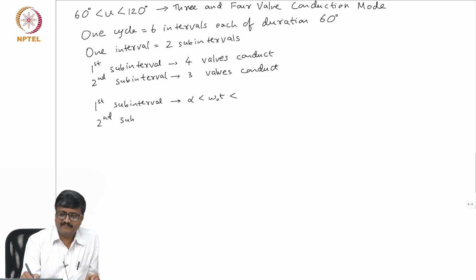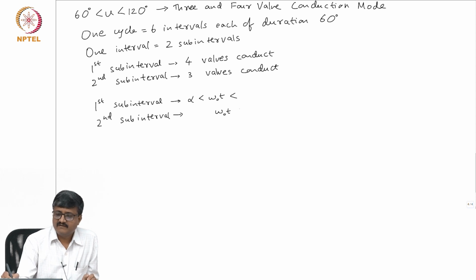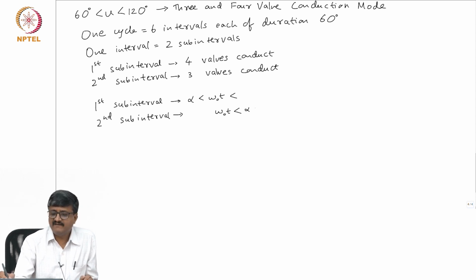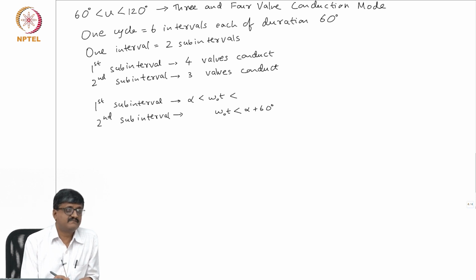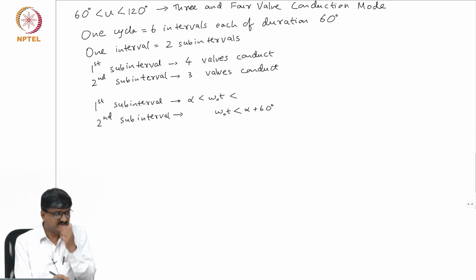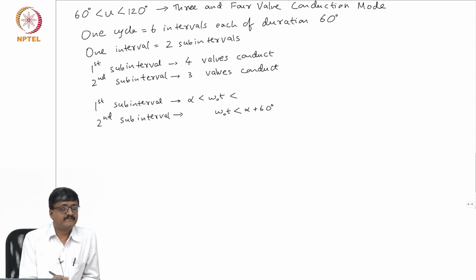So, if I take the second subinterval in the same first interval, here omega t is less than alpha plus 60. But at what instant does the second subinterval start, or the first subinterval stop?